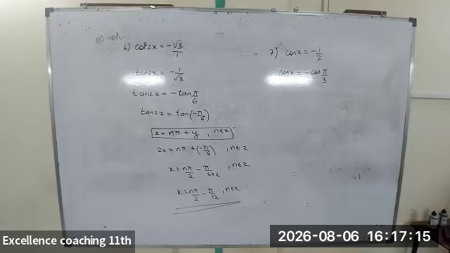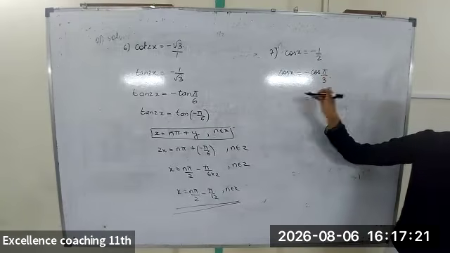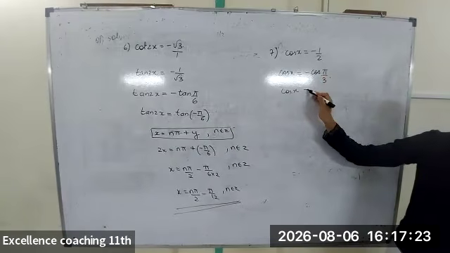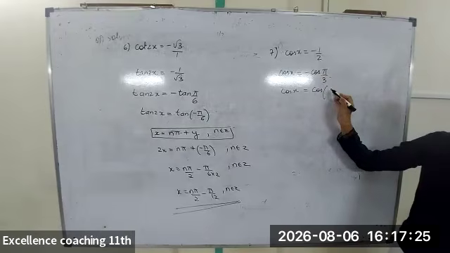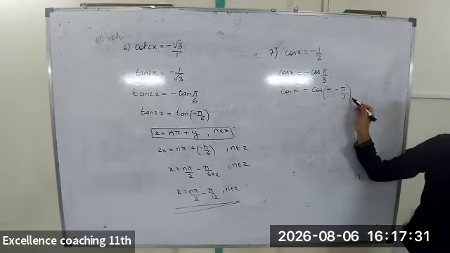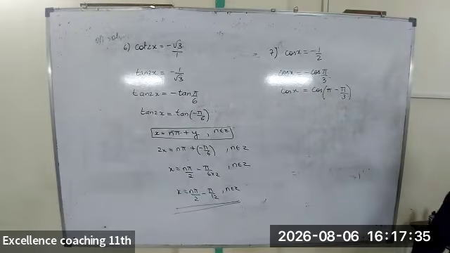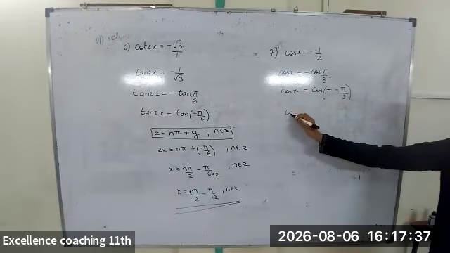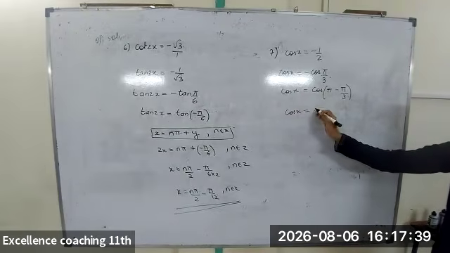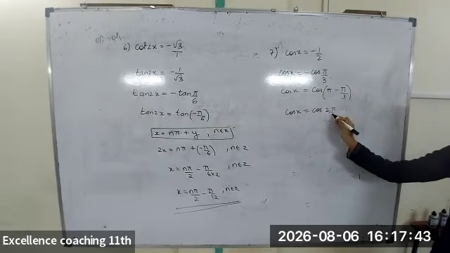Now here, for cos we directly cannot take the negative inside, I told you. Can I simply write minus pi by 3? No, what you have to write is pi minus. Extra pi. Now cross multiply. 3 minus 1 is 2.